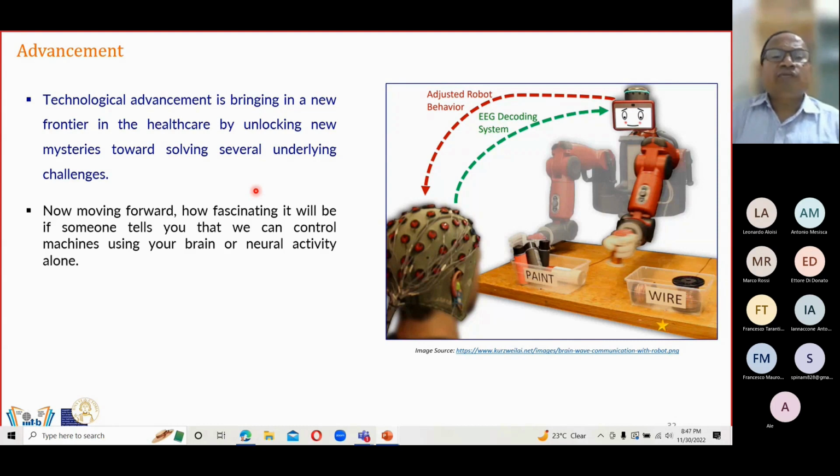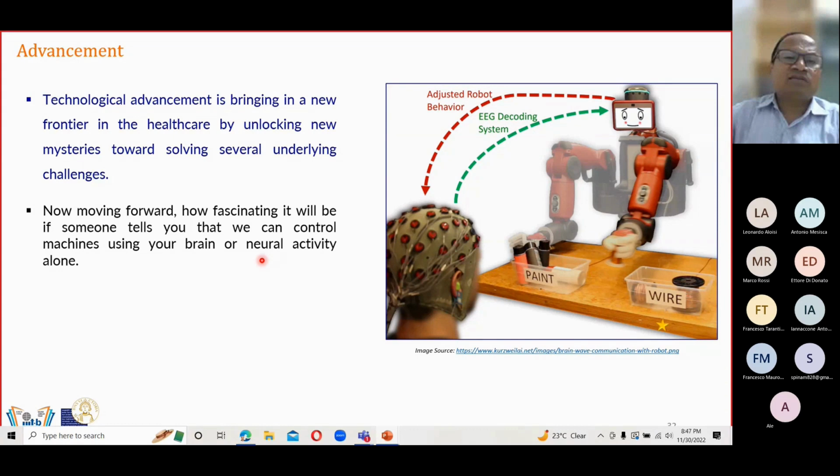And we are also moving now to fascinating areas. If someone tells you that you can control machines using your brain or neural activity alone, without using any wired or wireless system, you can control a number of devices just by thinking and doing. So we are definitely moving forward in that direction.